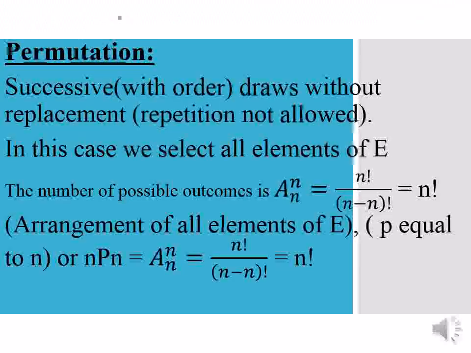P in this case is equal to n. You may write, instead of A n n, n P n, which equals n factorial over (n minus n) factorial, equals n factorial.